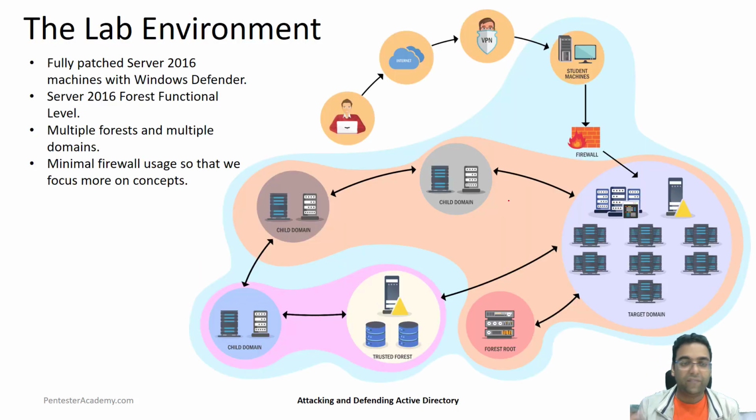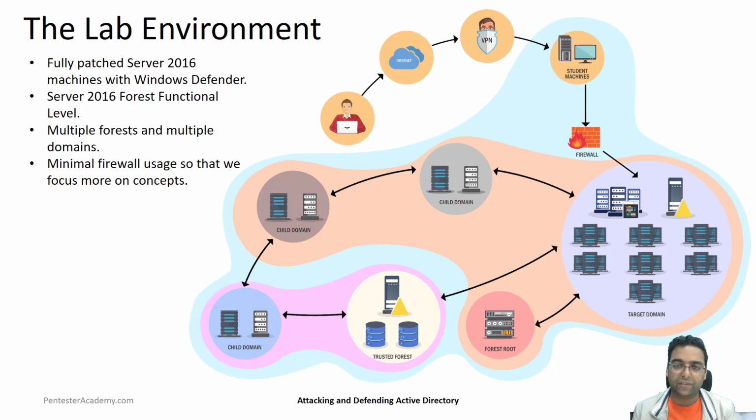Our lab environment is a fully patched Server 2016 environment. Windows Defender is enabled on the lab. We have Server 2016 forest functional level, and the domain functional level is also Server 2016. There are multiple forests and multiple domains. But because this is a practice lab, we have minimal firewall usage so that we focus more on concepts of the domain, right?